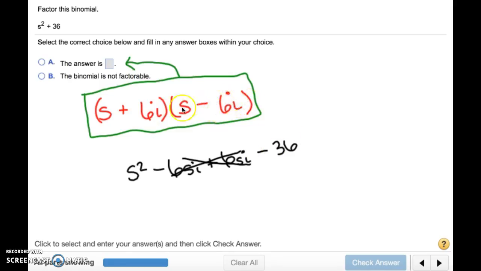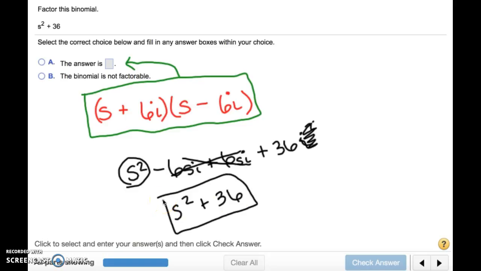But now with this I get i squared. And if you remember, the i squared changes this to be plus, and that disappears. So that's where we get the s squared plus 36. The only time you have imaginary numbers is when this is plus.